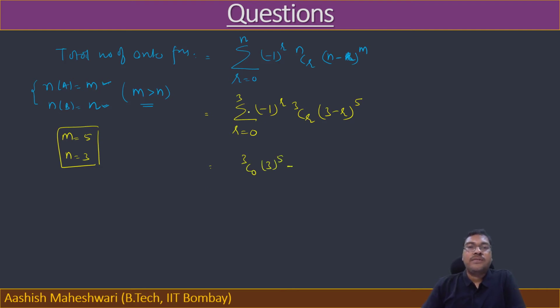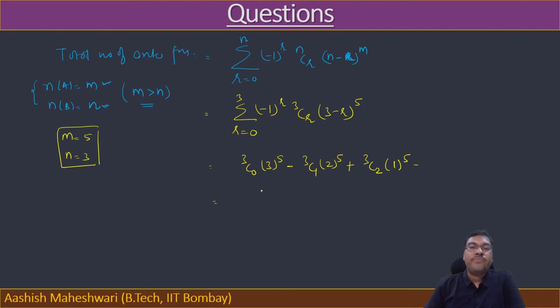Minus, for r equal to 1, minus 1, 3C1, 2 raised to 5. Then r equal to 2 becomes 3C2, minus 1 raised to 2 is 1, and 3 minus 2 is 1, 1 raised to 5. And the last term, r equal to 3, will be 0, so you can just leave that.